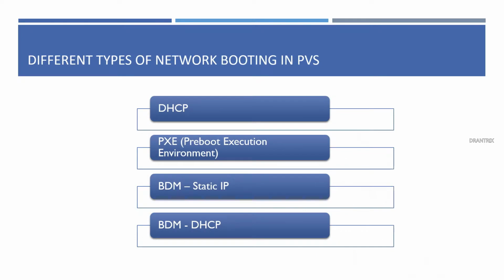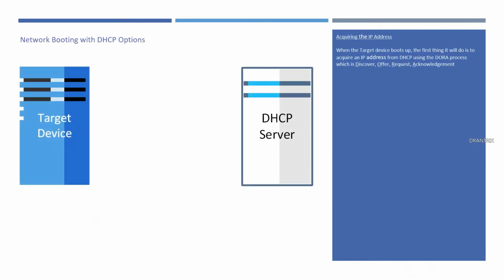And here comes the network booting in PVS. There are different types of network booting, and let's see how getting the Bootstrap file differs in each of these methods. The first one, network booting with the DHCP options.